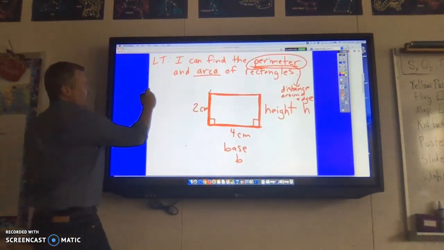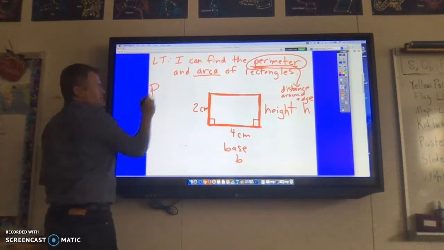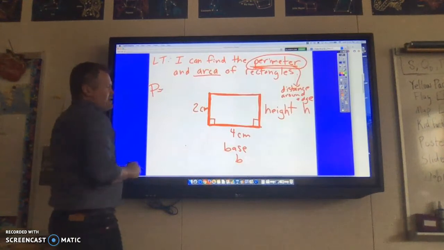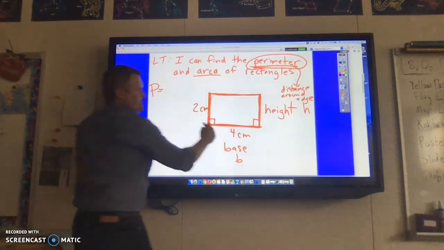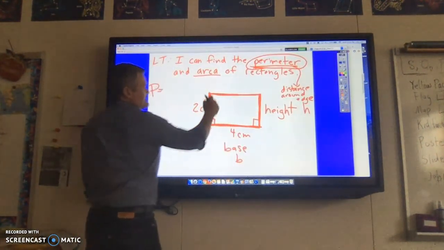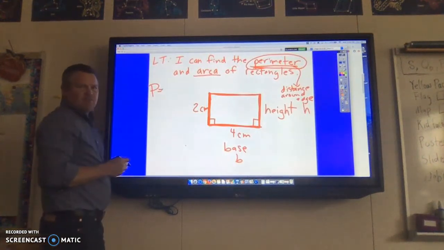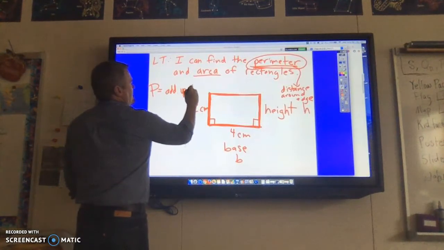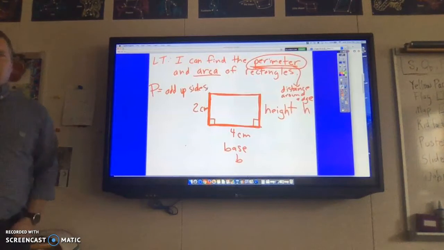Now in order to find the perimeter, I'm going to write it right here. Can you see this? P equals, we are just going to take our base and our height and our base and our height, and we're going to add up the sides. Perimeter equals add up the sides.